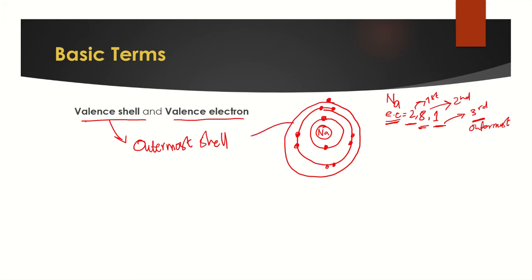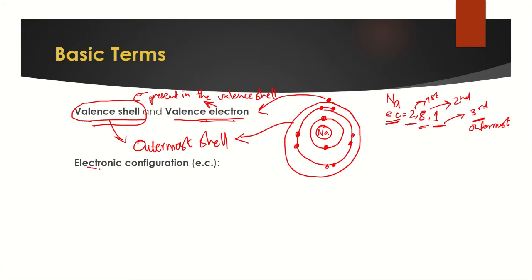So this outermost shell is what we call valence shell. And the electron that is present on the valence shell is called valence electron. So valence electron is the electron present in the valence shell.